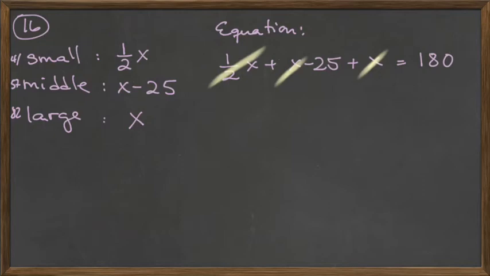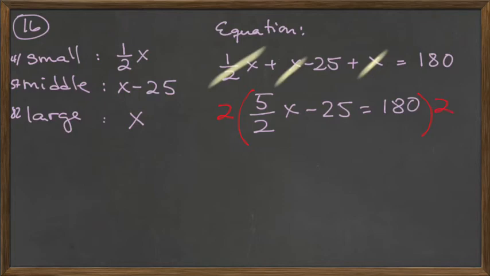Let's find out. Okay, so I'm going to keep the fraction for right now. So 2.5 is 5/2 x. I just combined all the x, minus 25 equals 180. Well, I always say clear the fraction, so I'm going to multiply everything by 2.